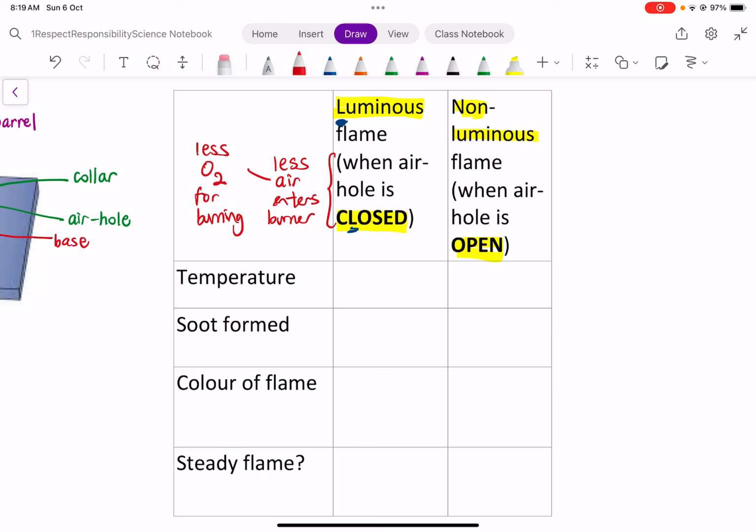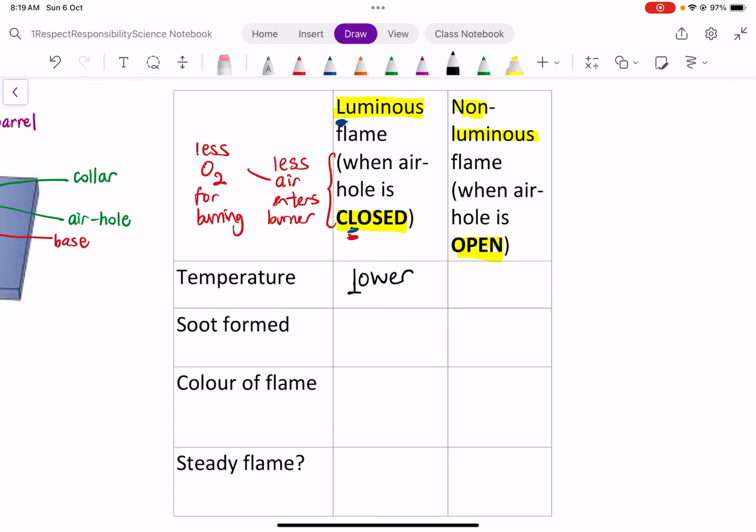So you can imagine, if there is less oxygen for the burning to take place when the air hole is closed, then the burning is not as good. What does it mean to say the burning is not as good? It means the temperature of the flames will be lower. So the luminous flame has a lower temperature.